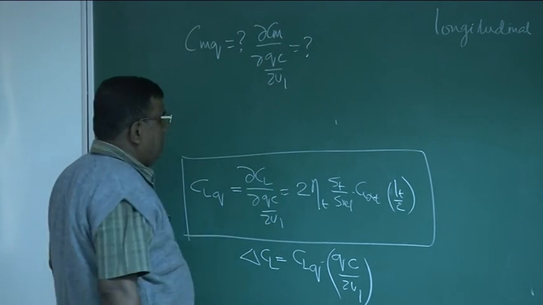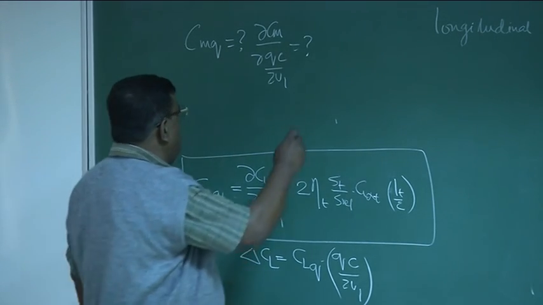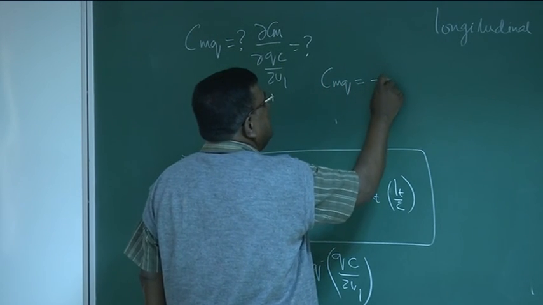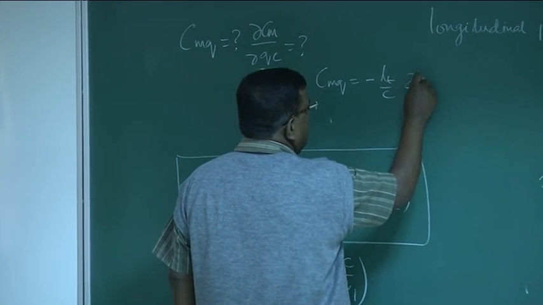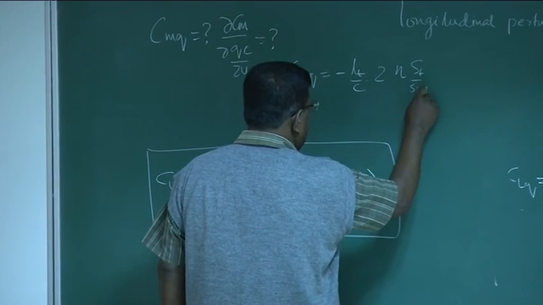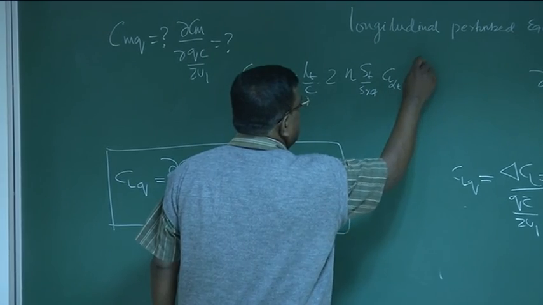Let us derive this expression because we have come so close to the force. Moment is very simple. So what will be CMQ? CMQ will be nothing but minus LT by c into CLQ, that is 2 eta S tail by S reference into CL alpha tail into LT by c.